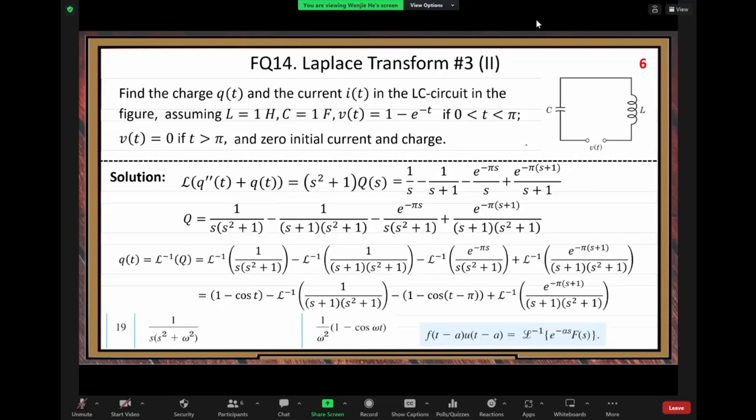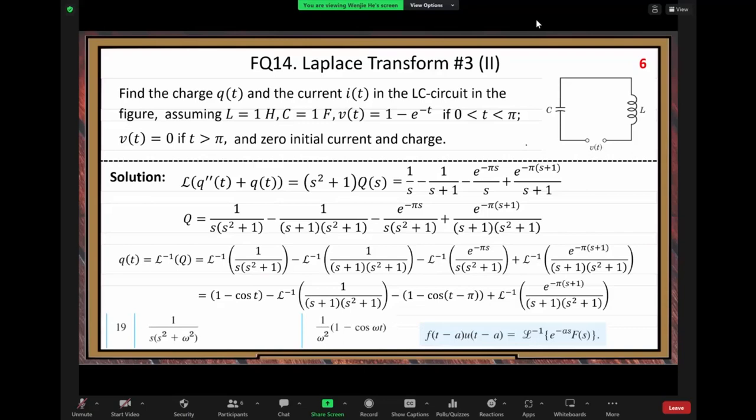Here s plus 1 is a shift, at the Laplace transform side, the s side, not the t side.